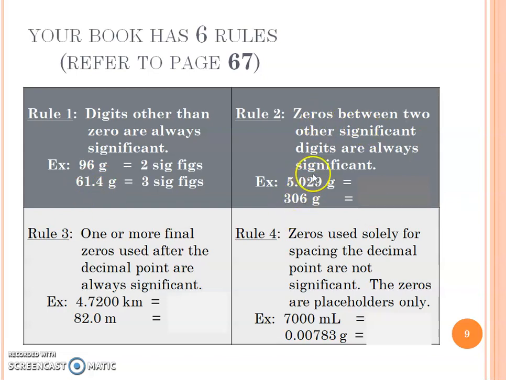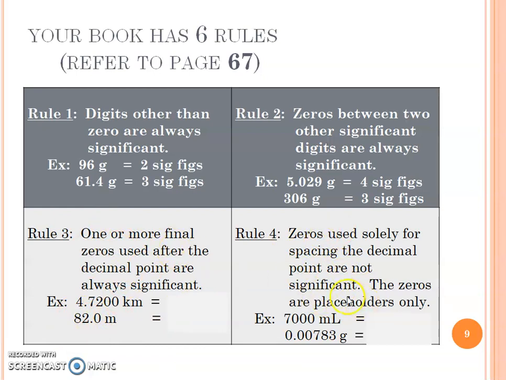If there's zeros in between numbers, those are also significant. So 5.029 would be 4 sig figs, and the 306, because those zeros are in between regular numbers, that would be 3 sig figs.